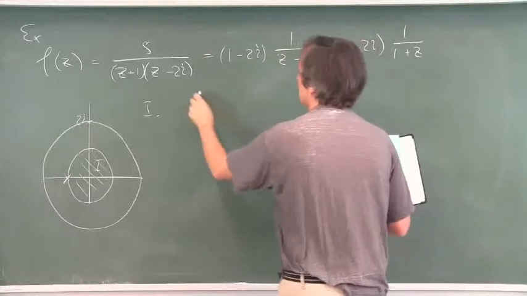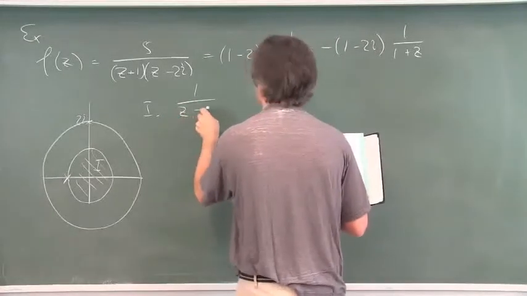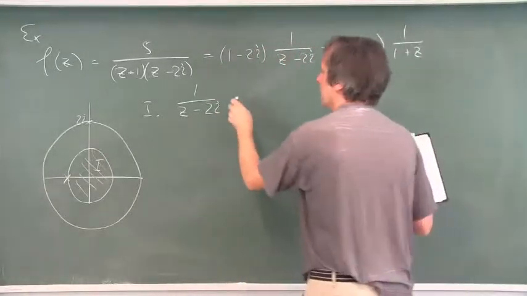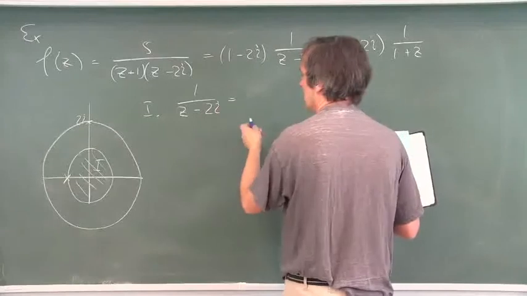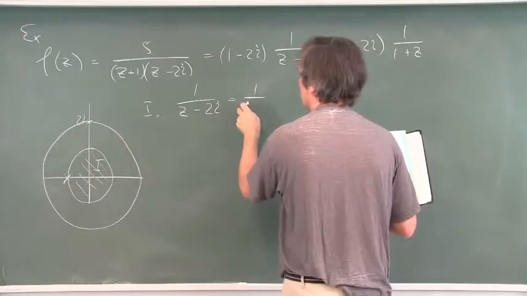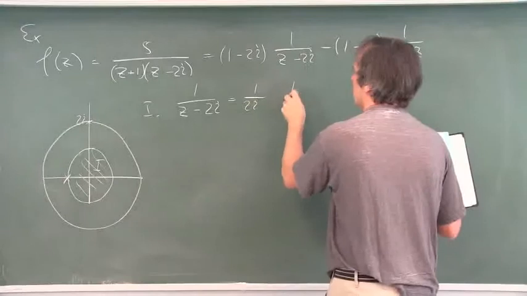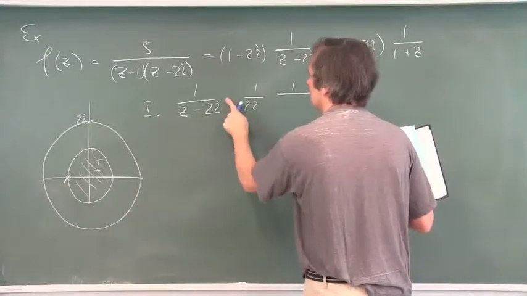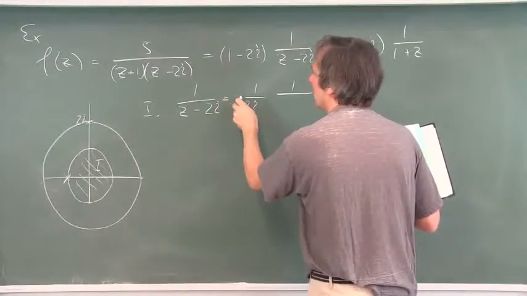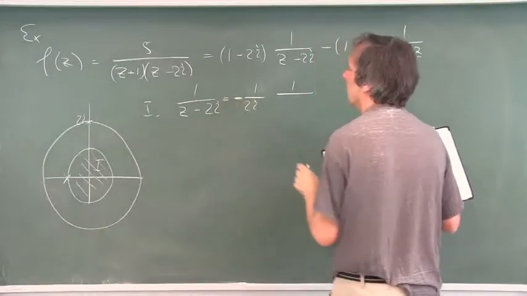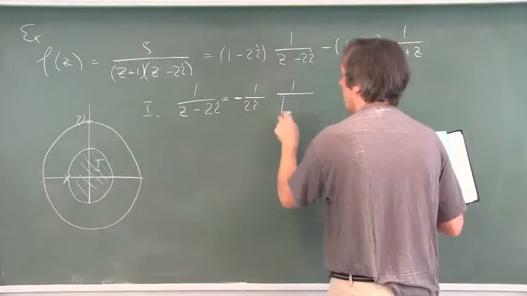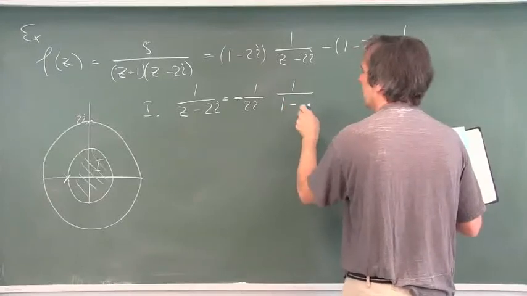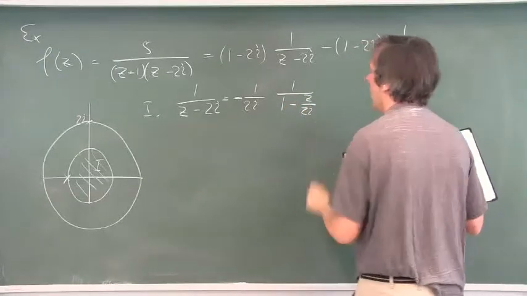If you take this term here, 1 over z minus 2i, then we just extract this factor 1 over 2i, actually you should extract minus that factor. And then you get here 1 divided by 1 minus z divided by 2i.